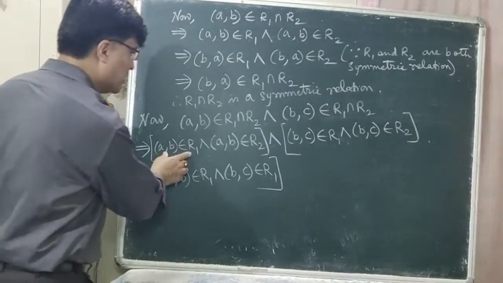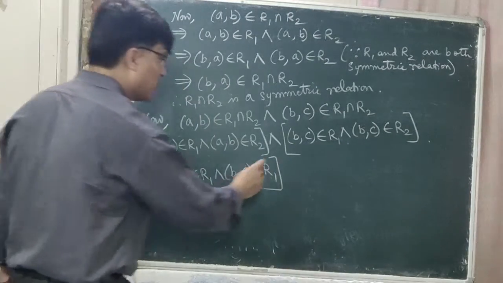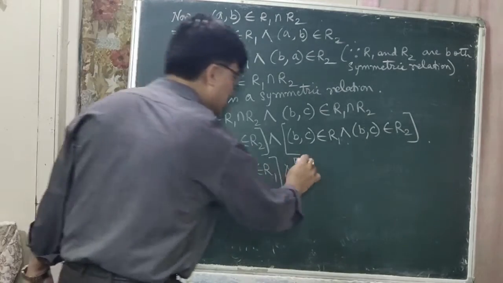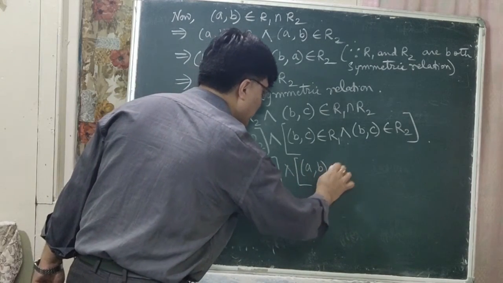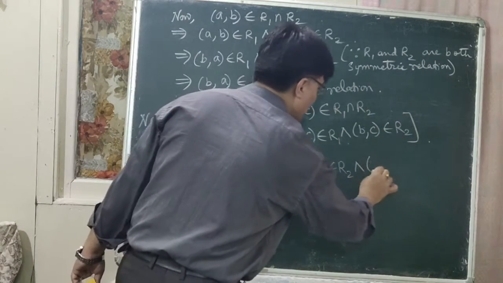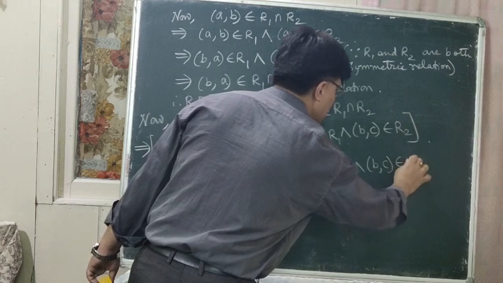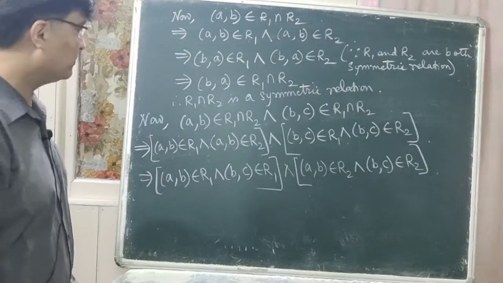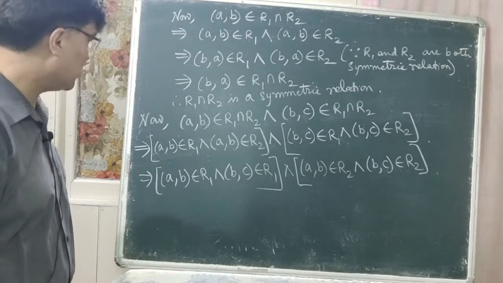Okay? We wrote these two together for R1. And now we write R2 together. That is A comma B belongs to the relation R2 and this B comma C belongs to the relation R2. Is that clear to all of you? I think you have understood it.